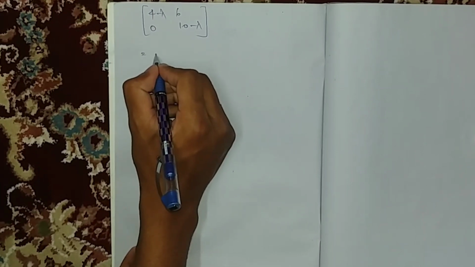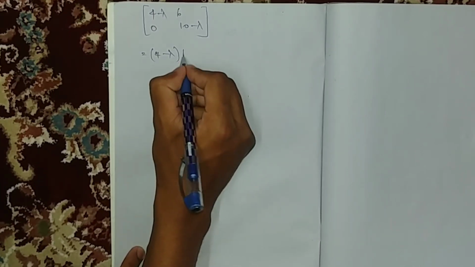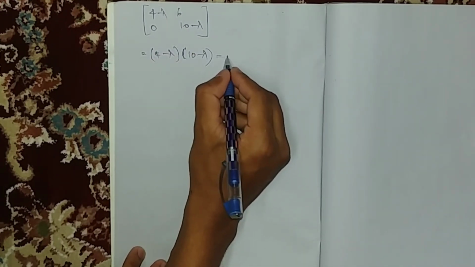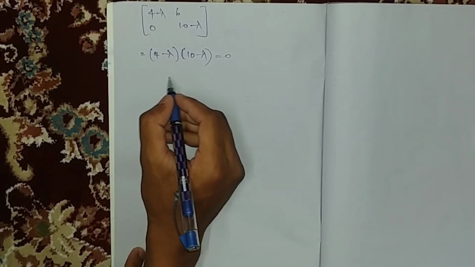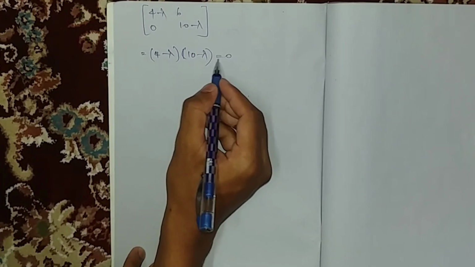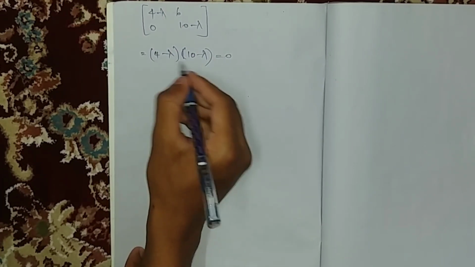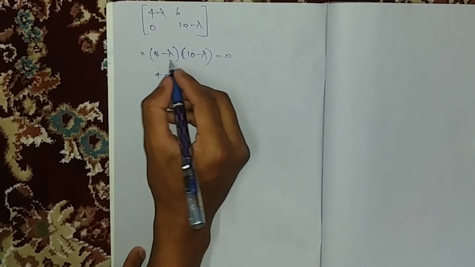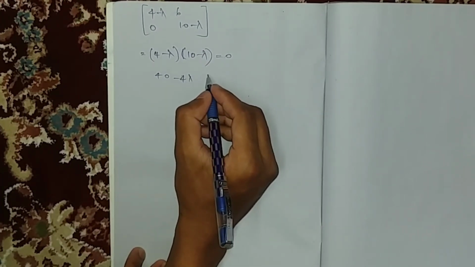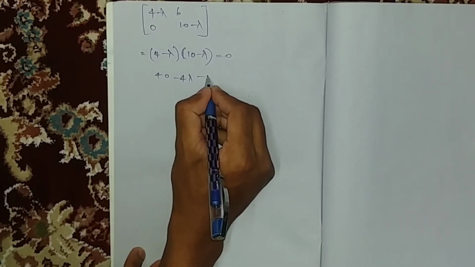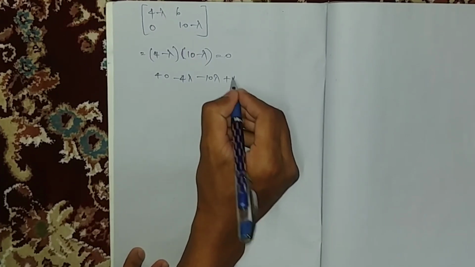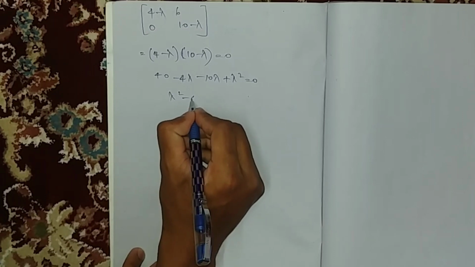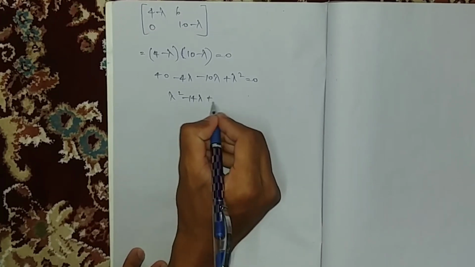Now we need to multiply 4 minus lambda and 10 minus lambda, as this becomes 0, so I am not going to write it here as plus 0. So it becomes 40 minus 4 lambda, now minus 10 lambda, then plus lambda square is equal to 0. So lambda square minus 14 lambda plus 40.